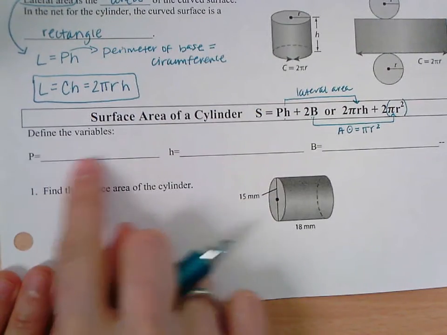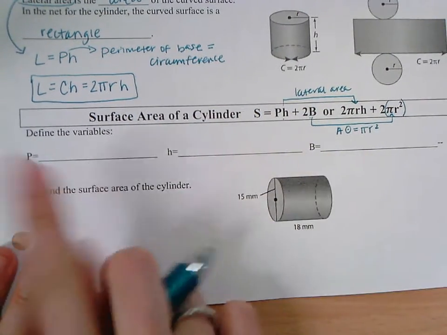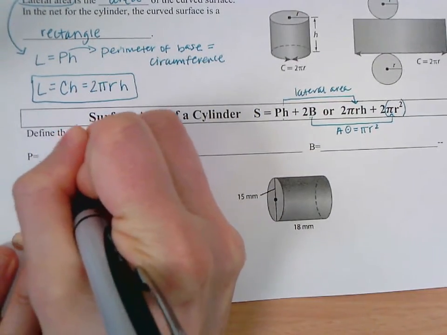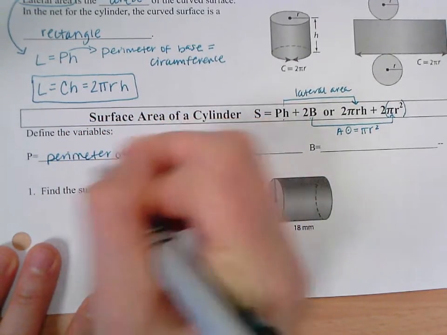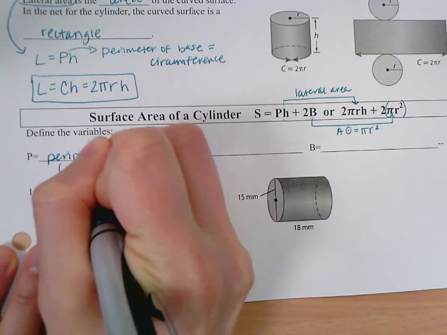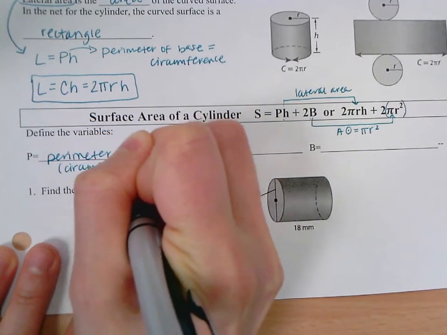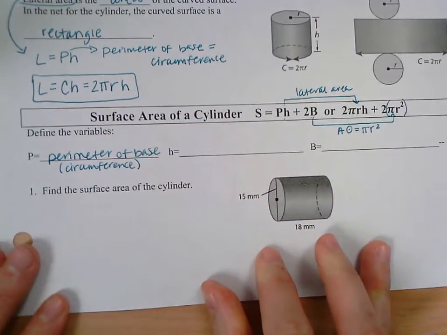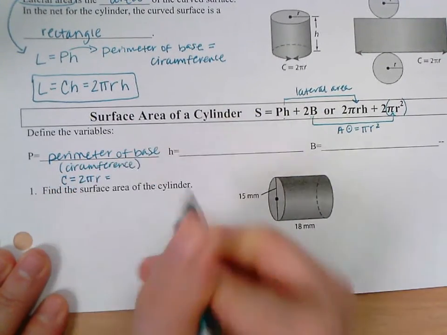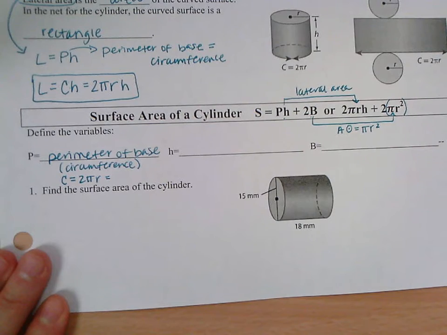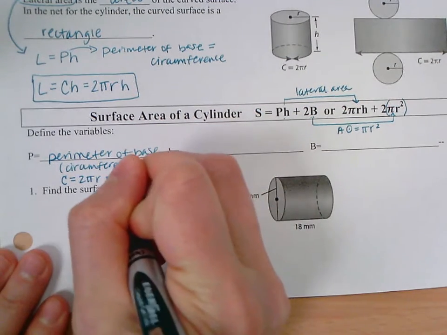So to fill in your variables again, I know I just referenced these. P was the perimeter of base, which is the circumference, since we have a circle. And just to review, circumference is 2 pi r. What's another formula for circumference? Yep, pi times diameter.